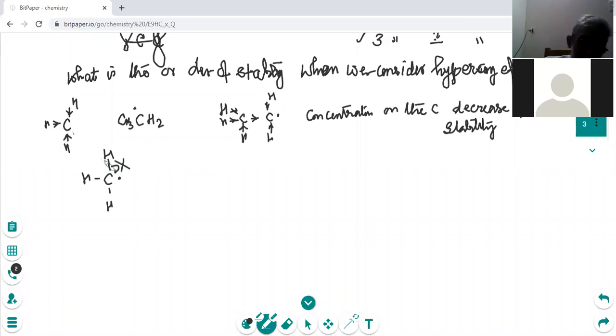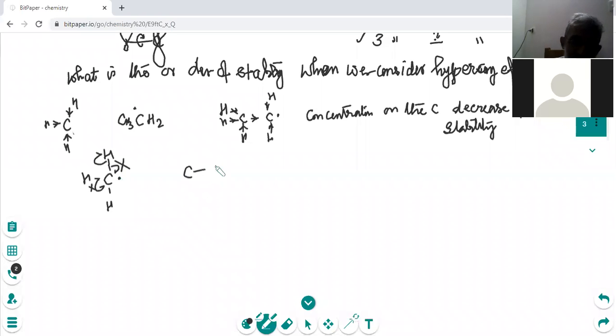Please write this down in your book. See, this breakage of electron is not allowed. Why? Because they are mutually perpendicular orbitals. We have completely discussed this last time. But in this case, see here.